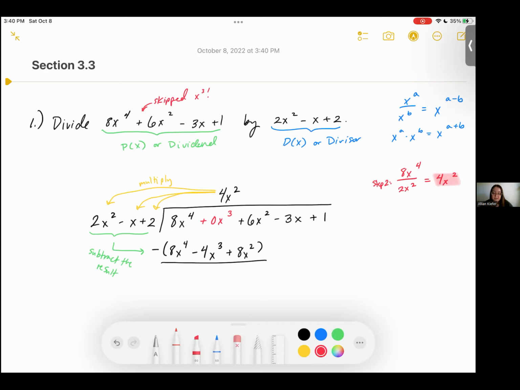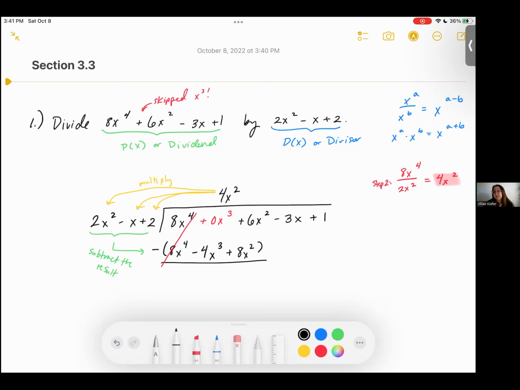So let's go ahead and subtract. So 8x to the power of 4 minus 8x to the power of 4 cancels. That was what we wanted. That meant that we were on the right track. Then we have 0x to the power of 3 minus negative 4x to the power of 3. So remember, you are subtracting.